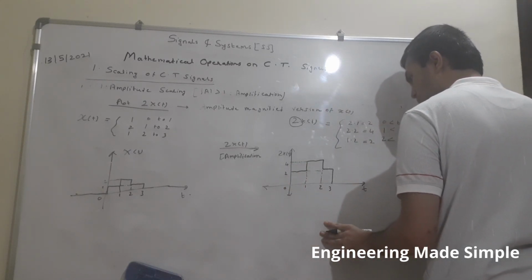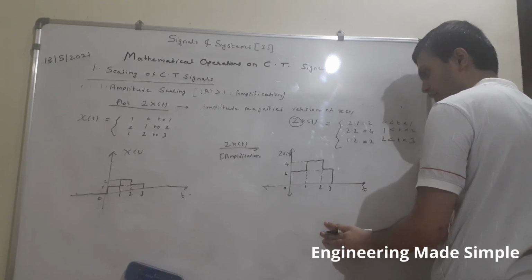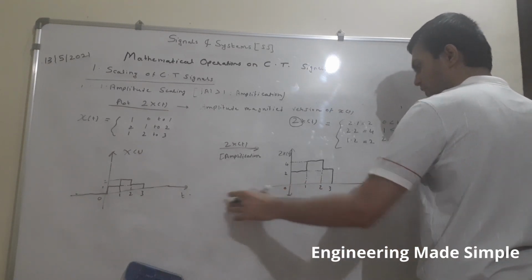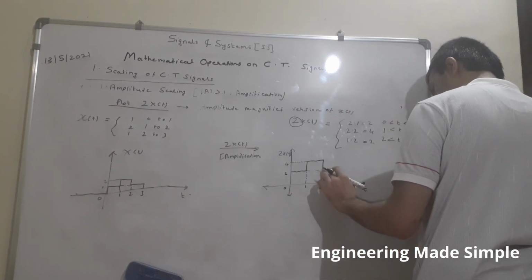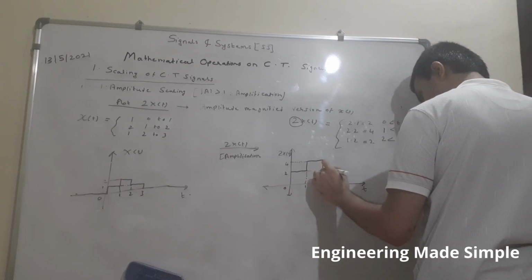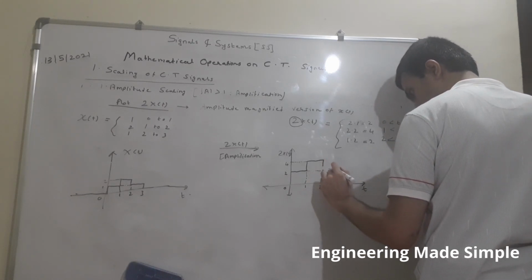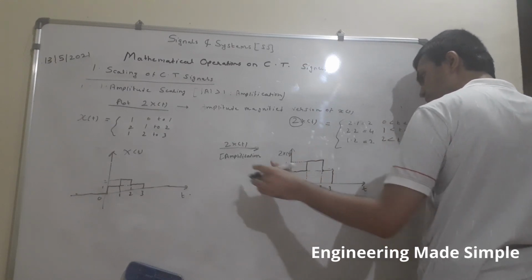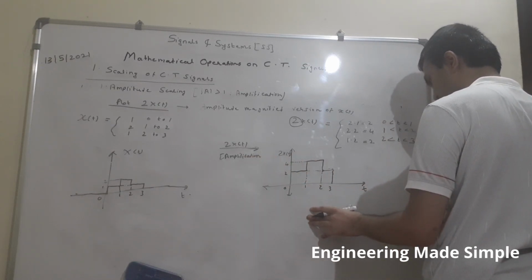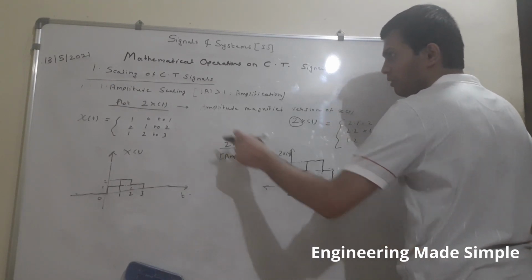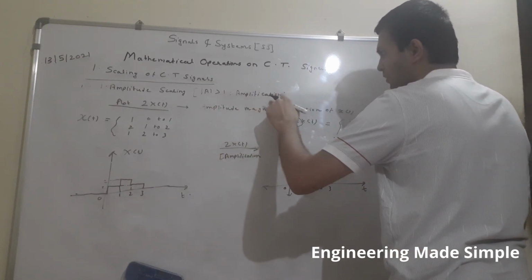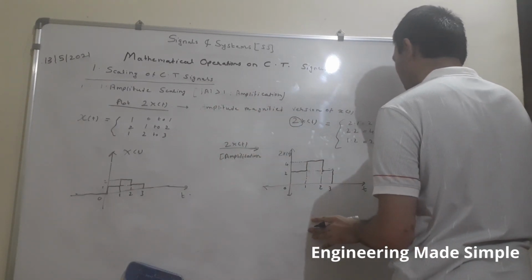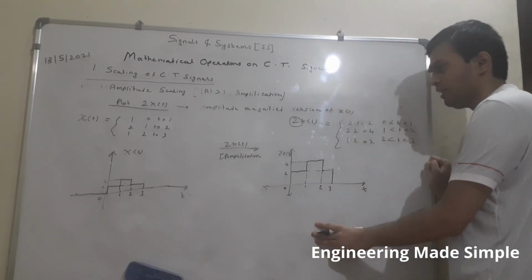So this is how our plot looks for the amplitude magnified version of x of t. So this is x of t and this is the amplitude magnified version of x of t. This was the magnitude of A greater than 1 case, which was amplification. I hope this is pretty much clear.